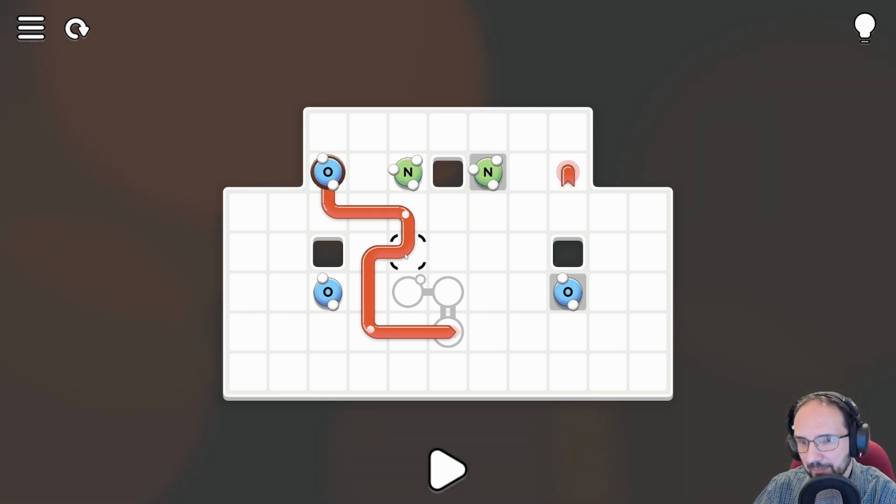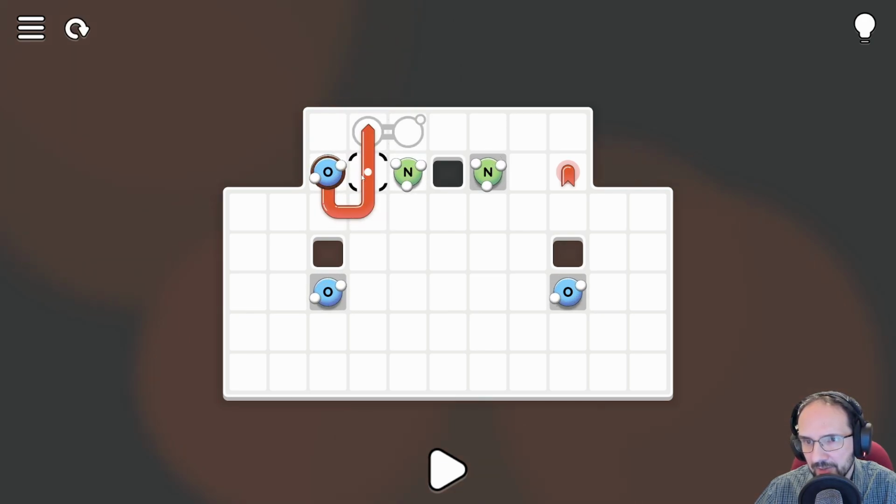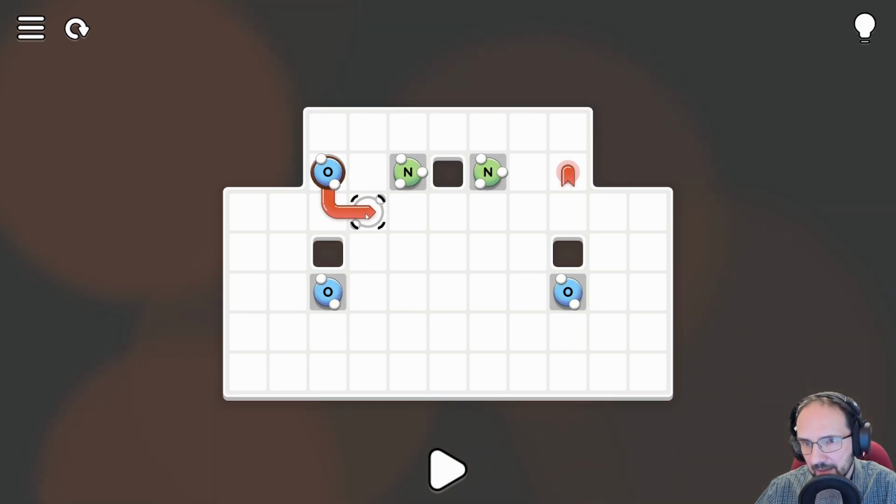Can't put him above that because then that would be off here. Maybe we go... Can we go like this? No, because we can't have anything to the right of us. We can't bond with this. So I think we've got to go there.